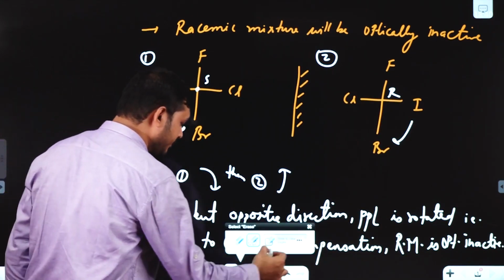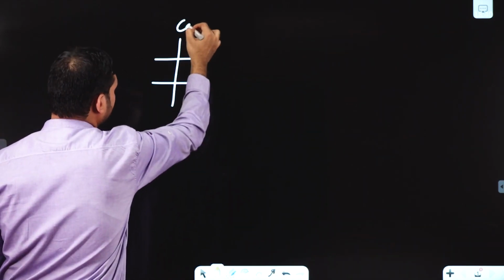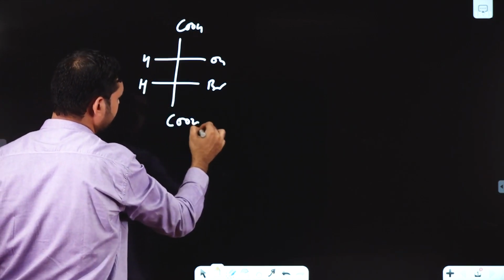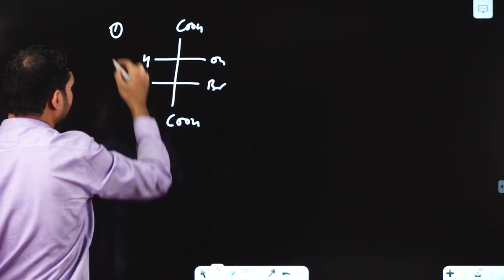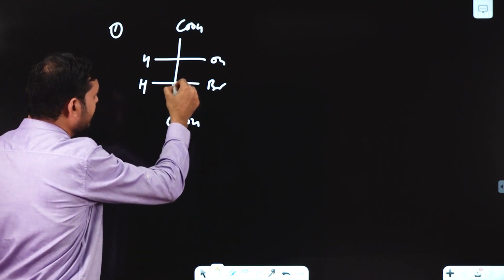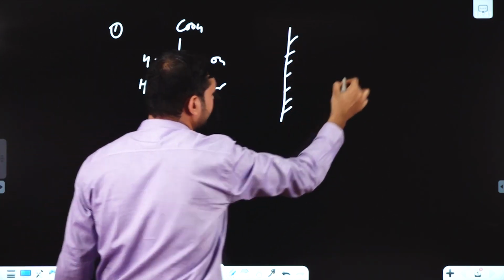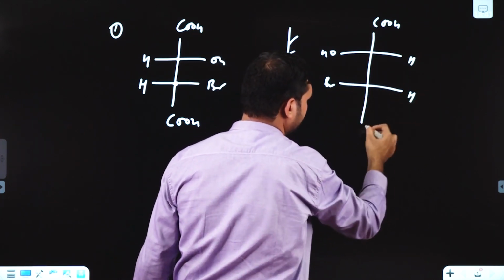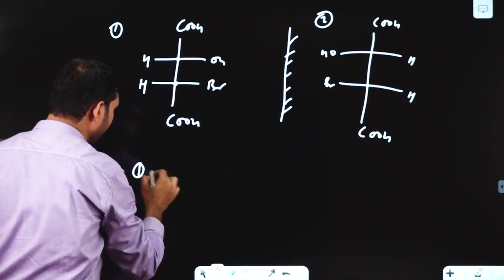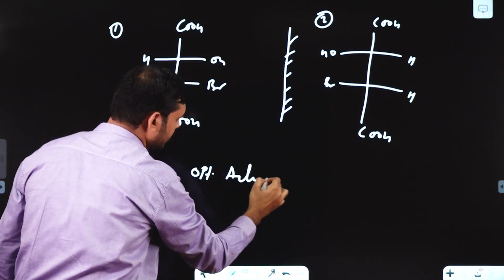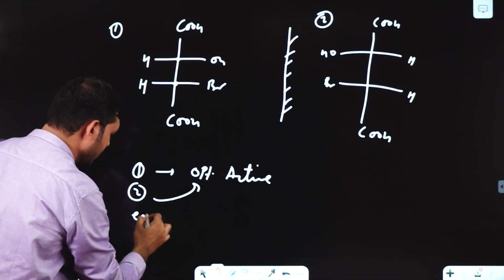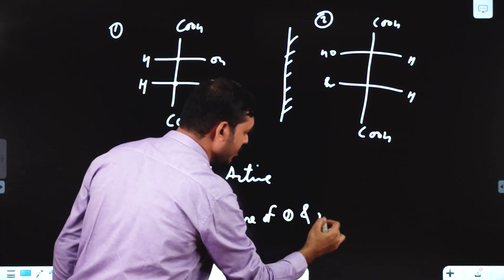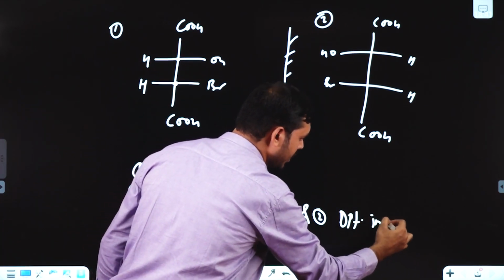Let's take an example. If I say this compound, this is optically active, but if I draw its mirror image, second, so I can say 1 optically active, 2 optically active, equimolar mixture of 1 and 2 optically inactive.